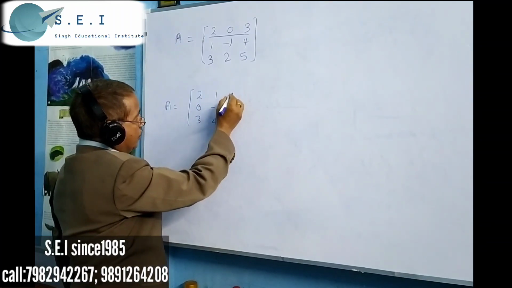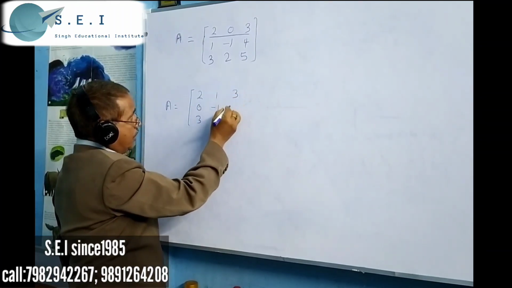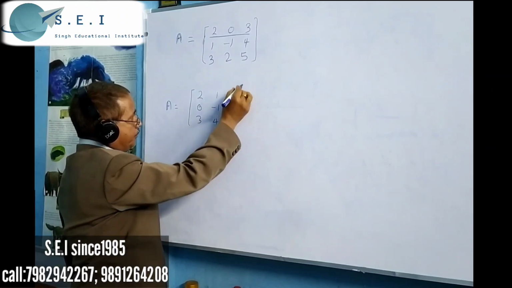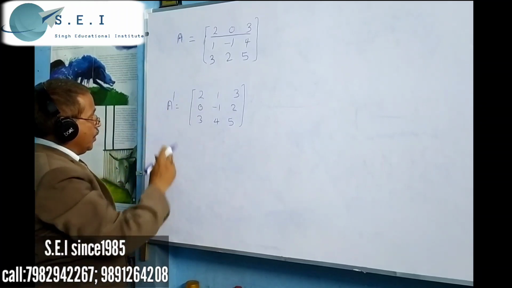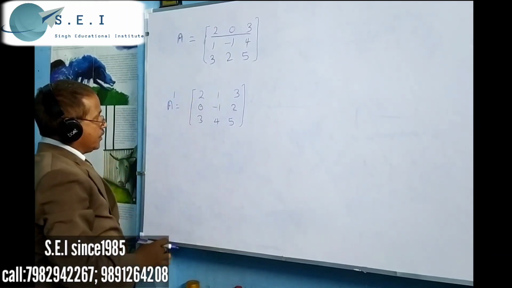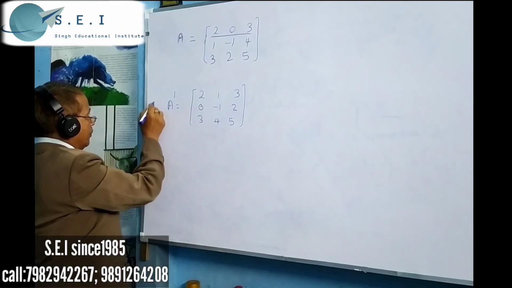The third row is changed into the third column, which is 3, 2 and 5. This is the transpose of A, written as A dash or A transpose.